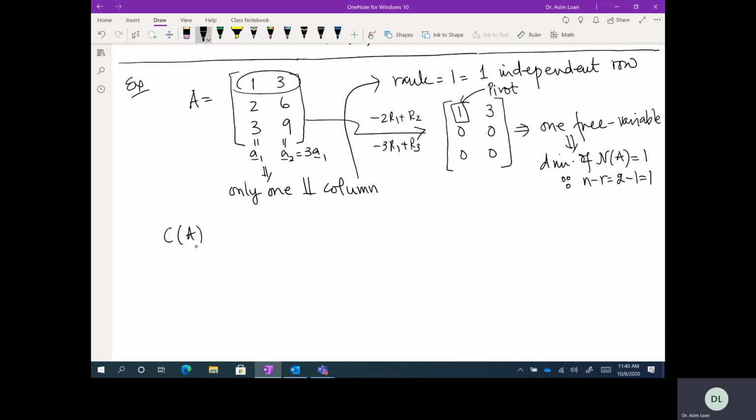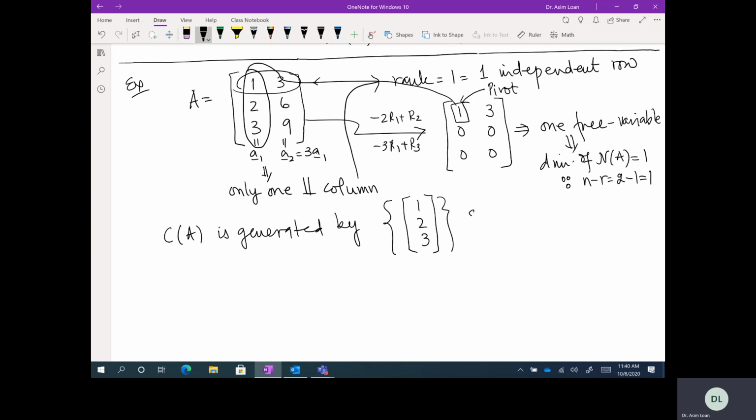So the 1 here corresponds to this column here. So this is the independent column. So the column space of A is generated by 1, 2, 3, and this is a subspace of R3.